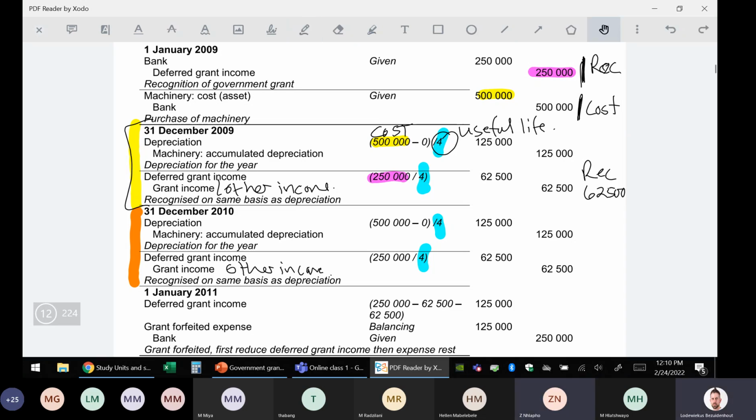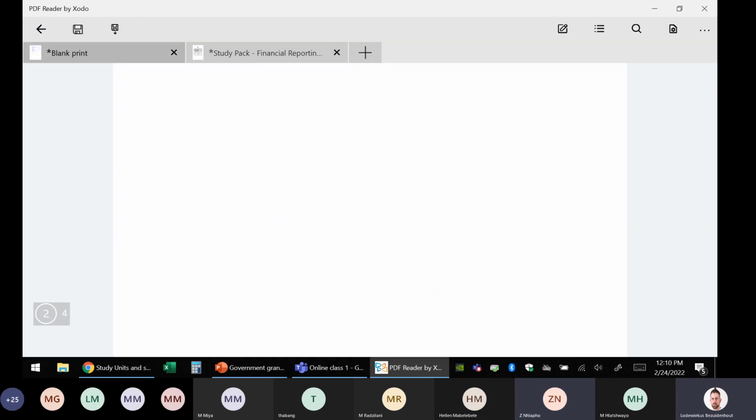Remember, number A, we do not deduct the grant from the cost of the asset. We just depreciate cost divided by 4 years, and the grant will be recognized, 250,000 over 4 years. So what do we have on our T accounts for this one?